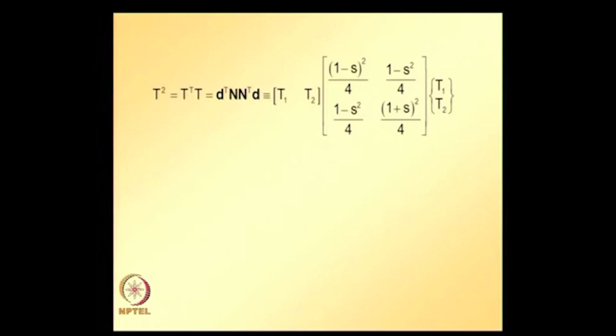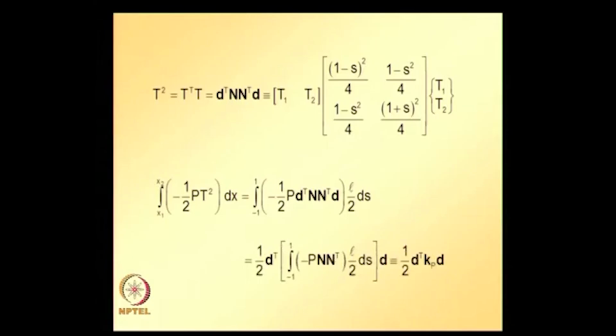Making substitution of this T squared into the second term appearing in the equivalent functional, we get this equation. Here, defining Kp as the integral from -1 to 1 of minus p N N transpose times L over 2 ds, we can compactly write this in this form.